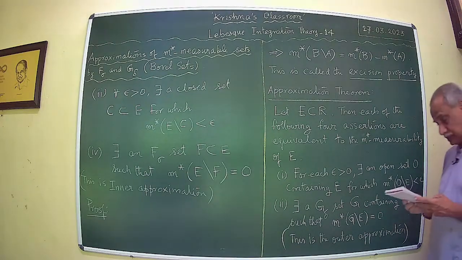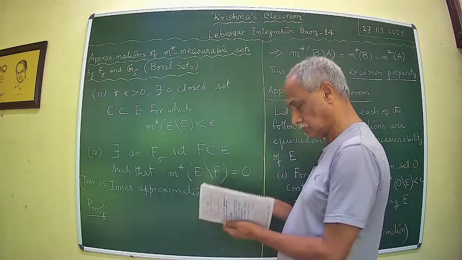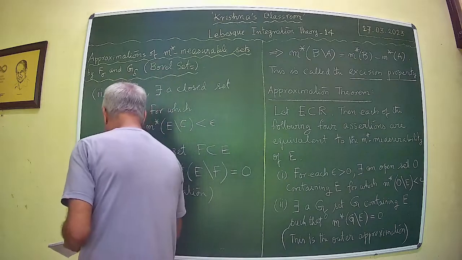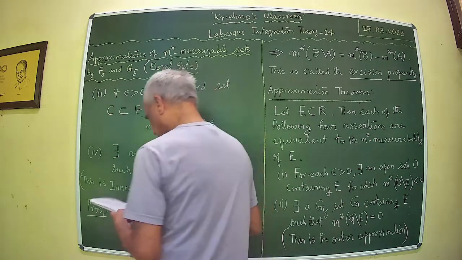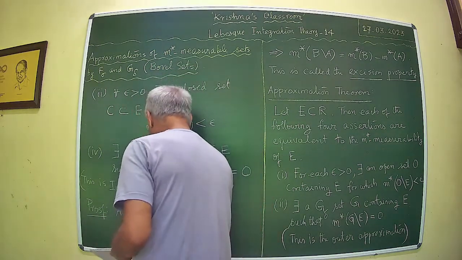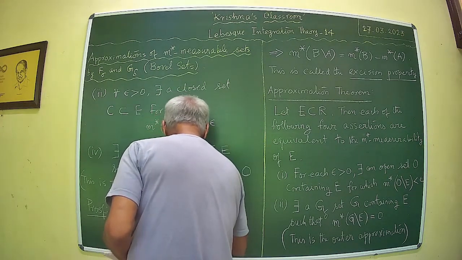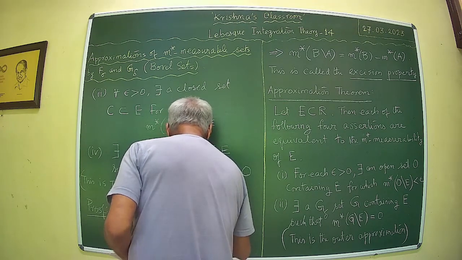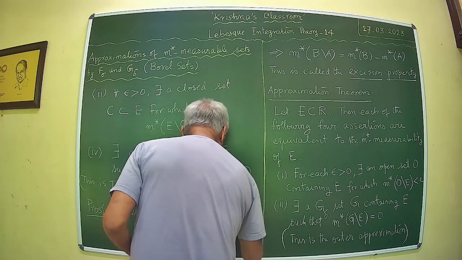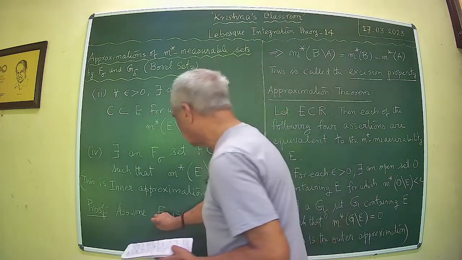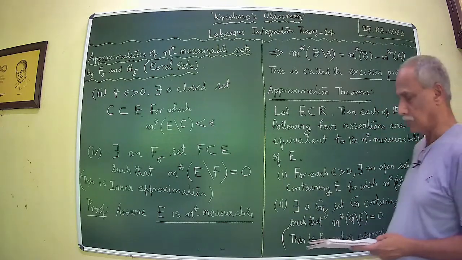So let us start with the proof of the first statement. So assume E is M star measurable. That's the assumption. We are assuming E is M star measurable.